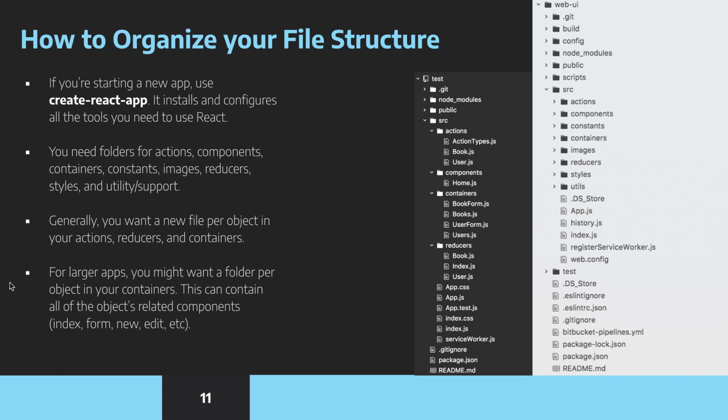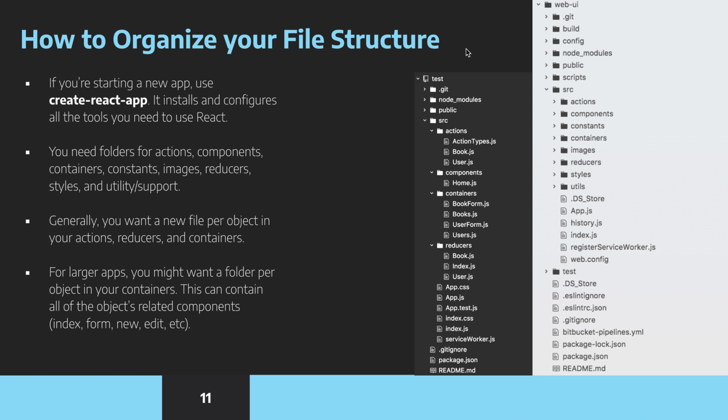So splitting them out per folder, per object, helps clean things up, because then you can put the related components like index or list, form, new, edit, all of them within that object's folder, which helps with organization.